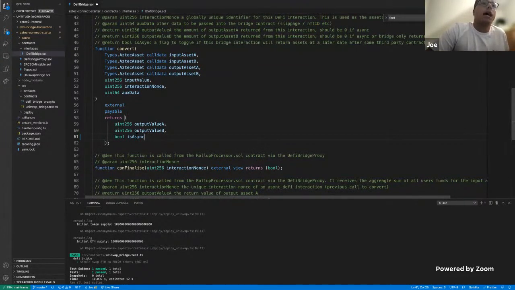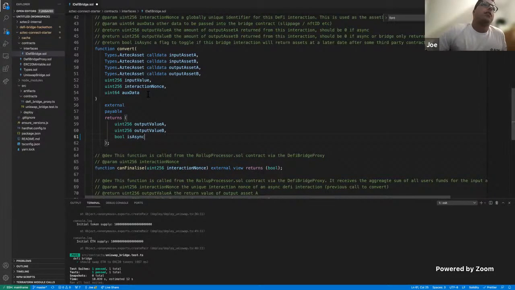If it happens in the future, effectively what the user's done is sent these assets into the bridge contract, and the bridge contract owns them at that point, and it can put them as an LP position in Uniswap. It could buy an NFT, it could do lots of things, but in the limit order example, it's going to open up a single tick range position.